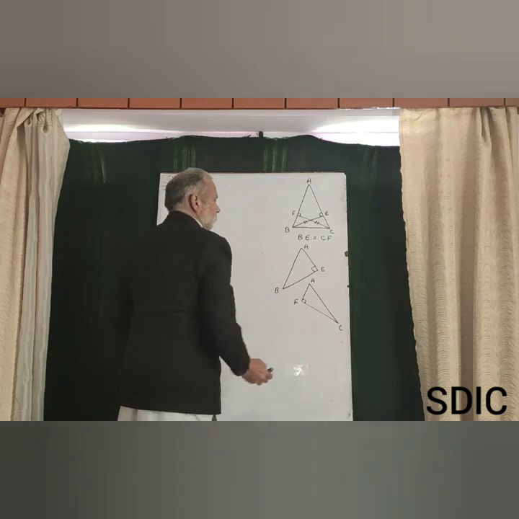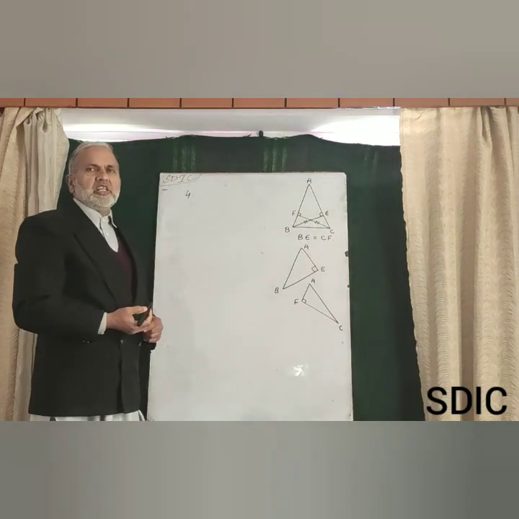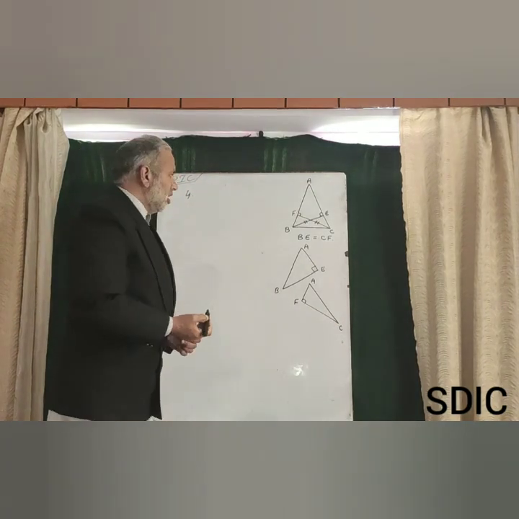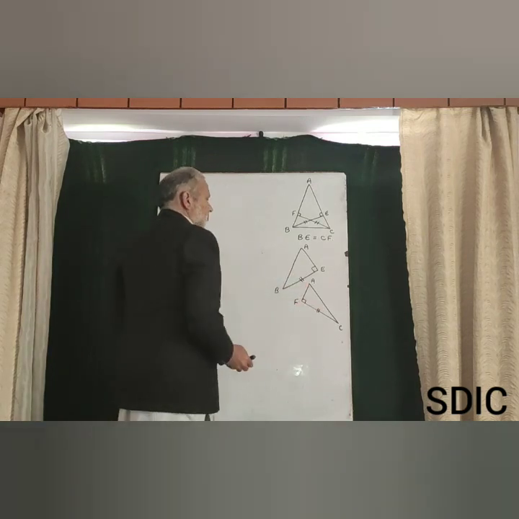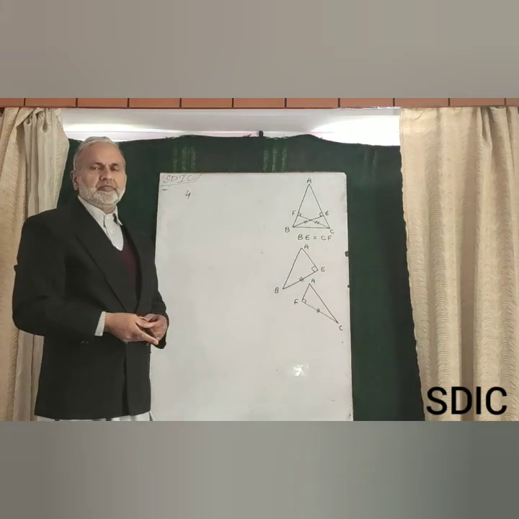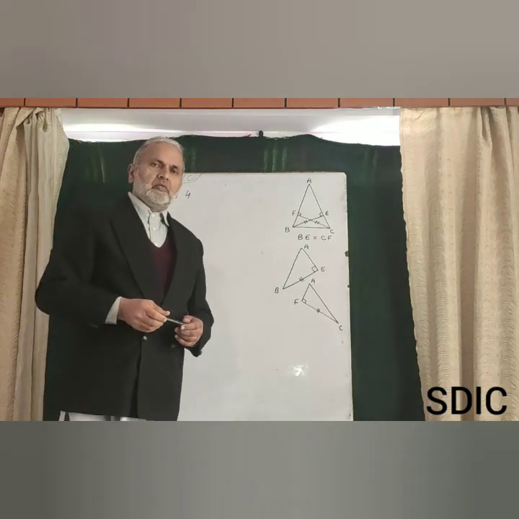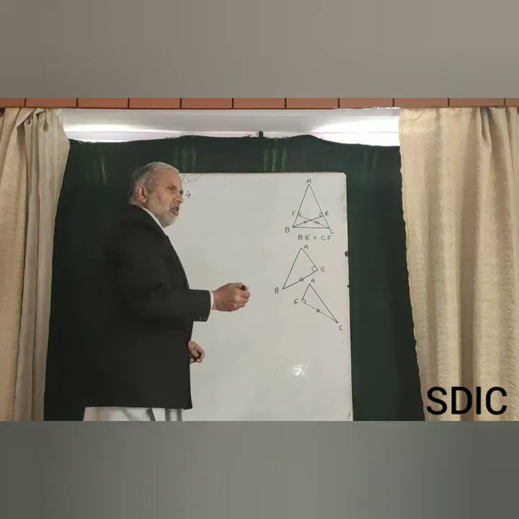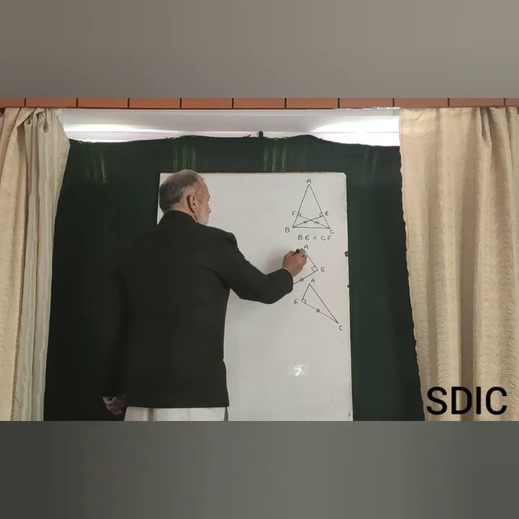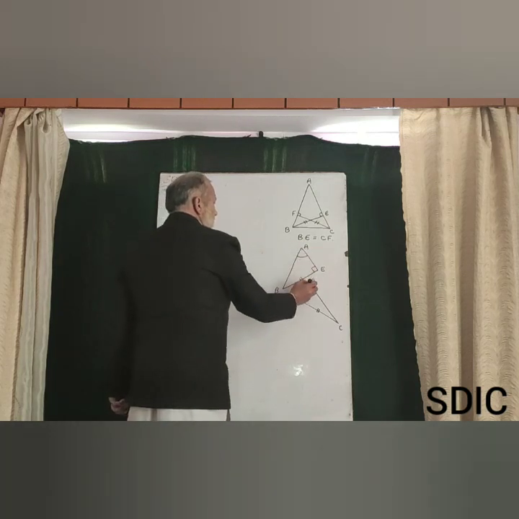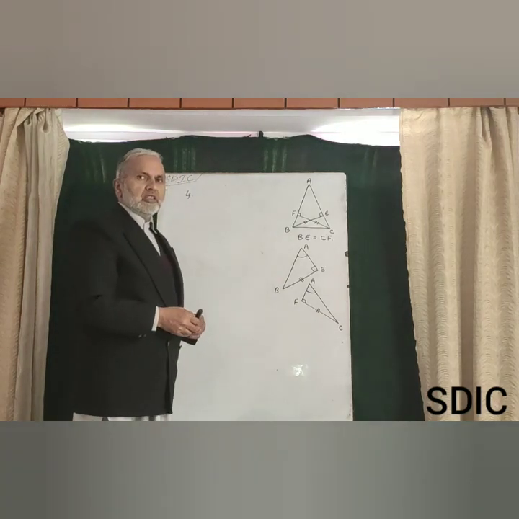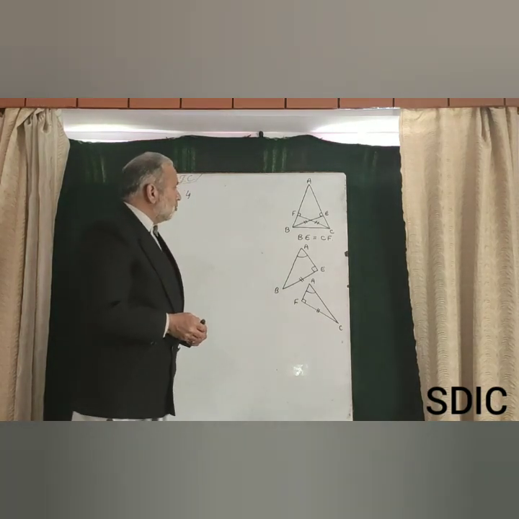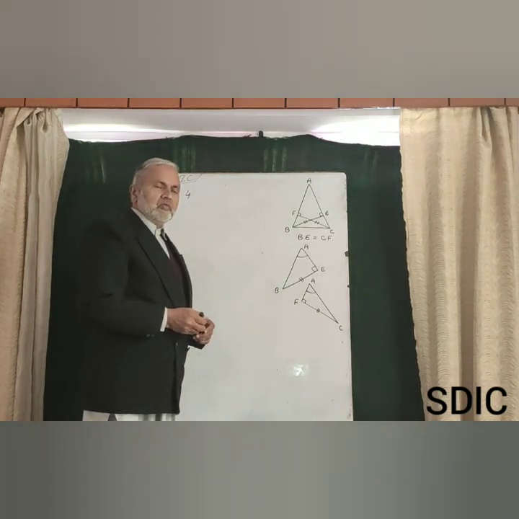Altitudes are there, triangle is formed, angle of 90 degrees formed. We also know BE is equal to CF. This is the second information. And then like the previous question, we also know angle A is equal to angle A, being a common angle. I did explain previously also. Angle A is common angle.